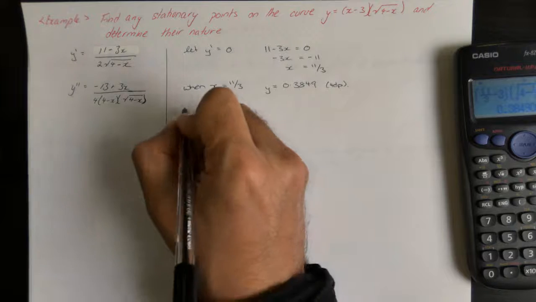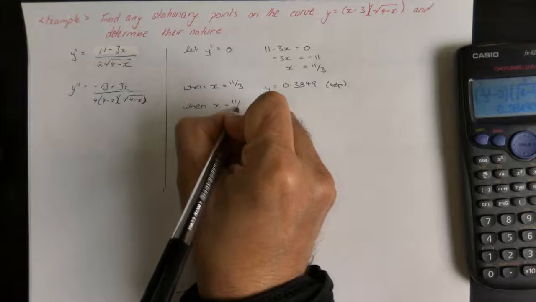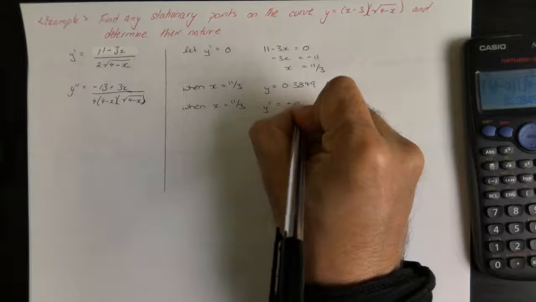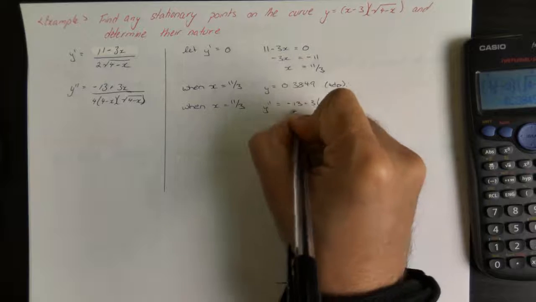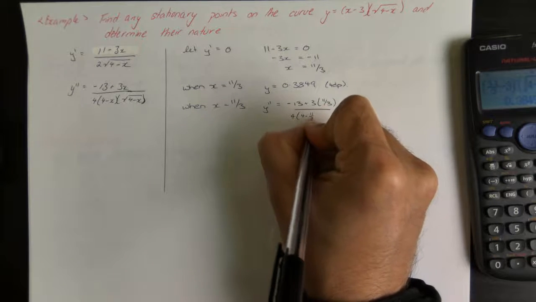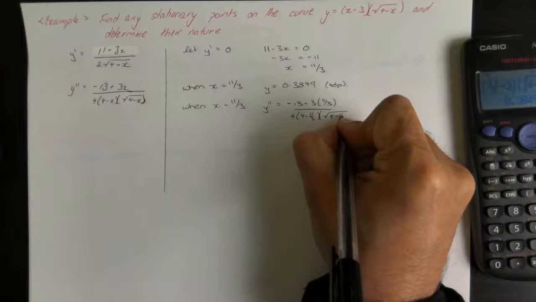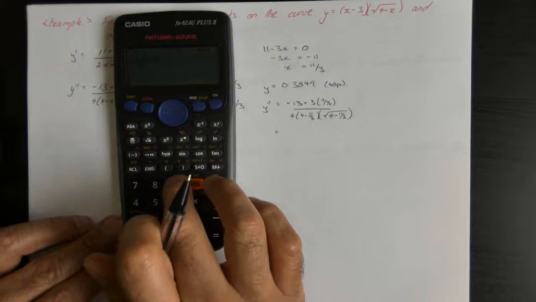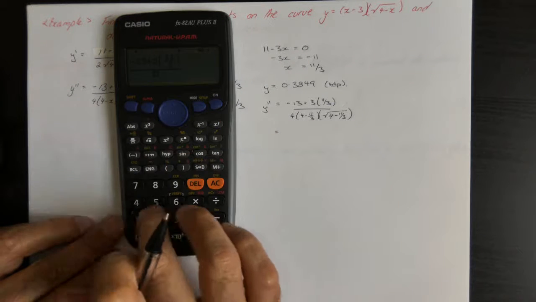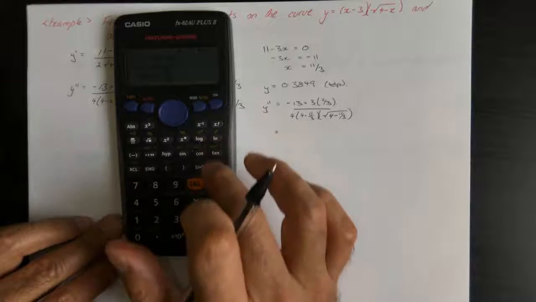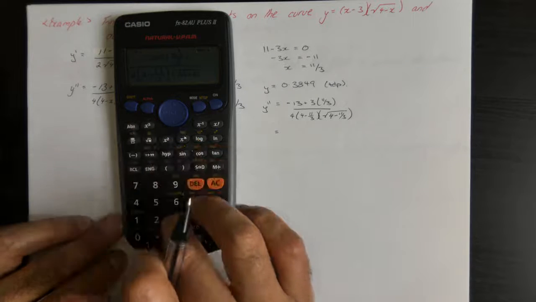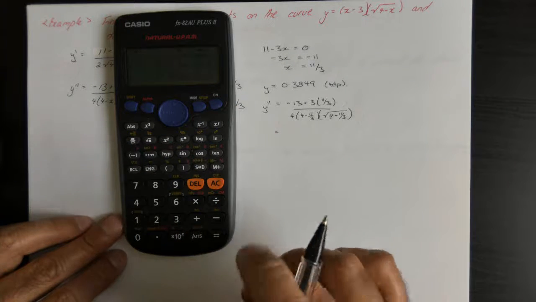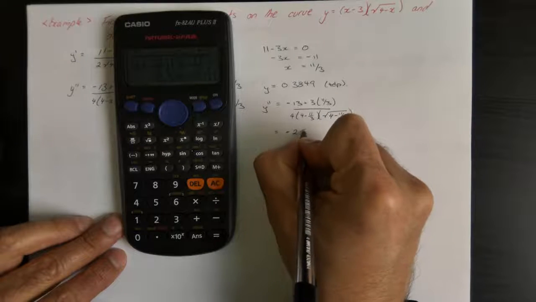Using the second derivative, let's plug in. So when x equals 11 over 3, the second derivative is going to be, plugging it into our calculator, negative 2.5980.